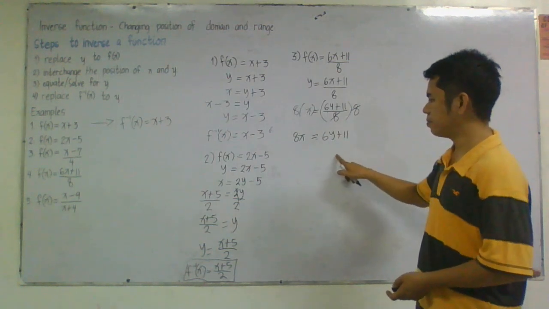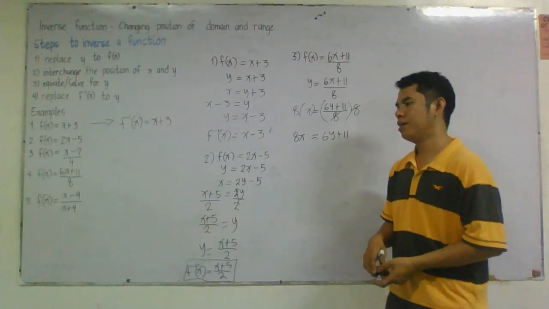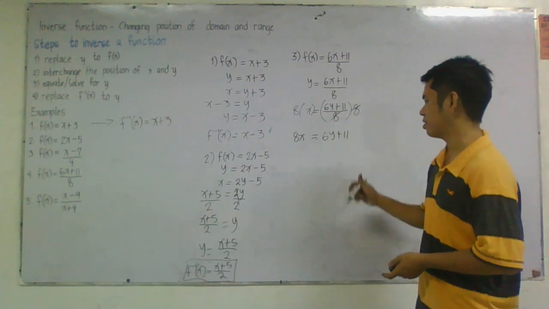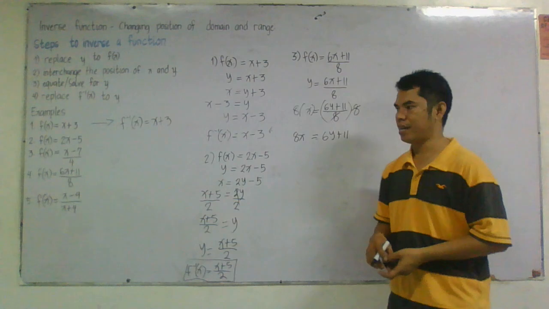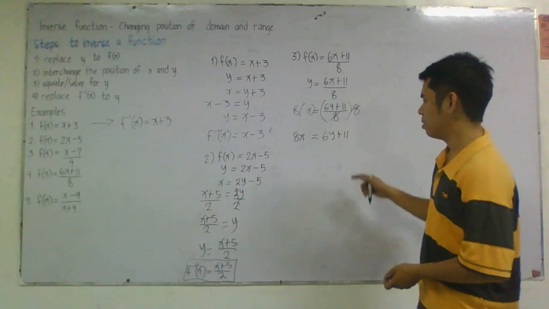So we have to transpose 11 to the other side of the equation, or in the informal approach, that is adding negative 11 to both sides. That is the additive property of equality.